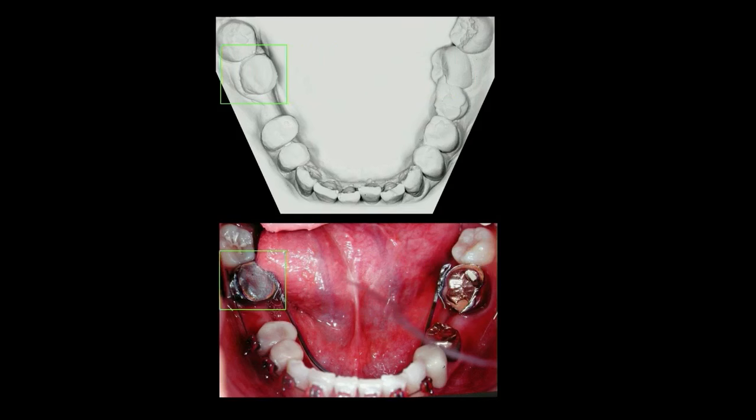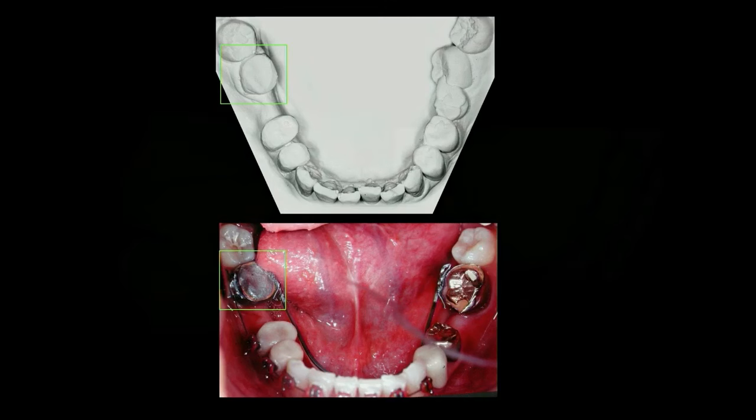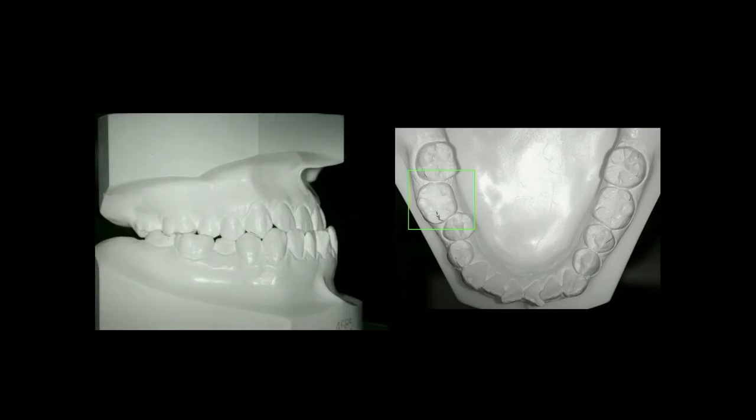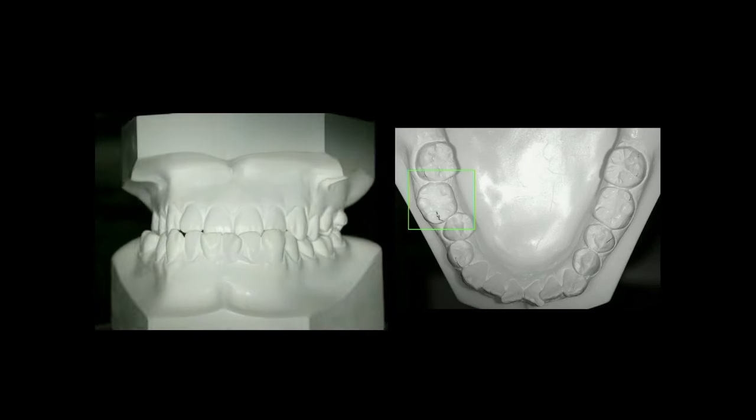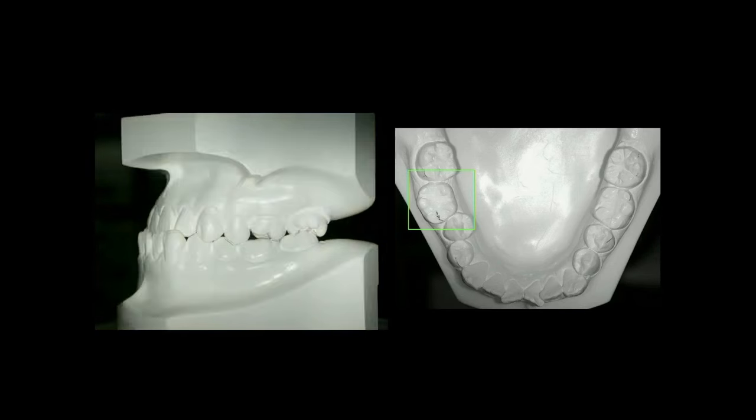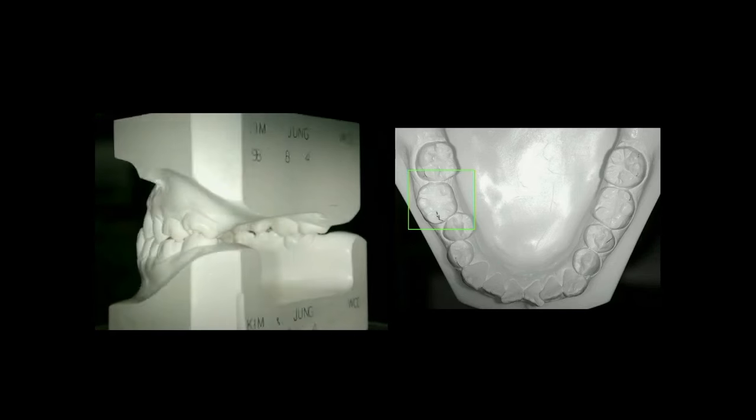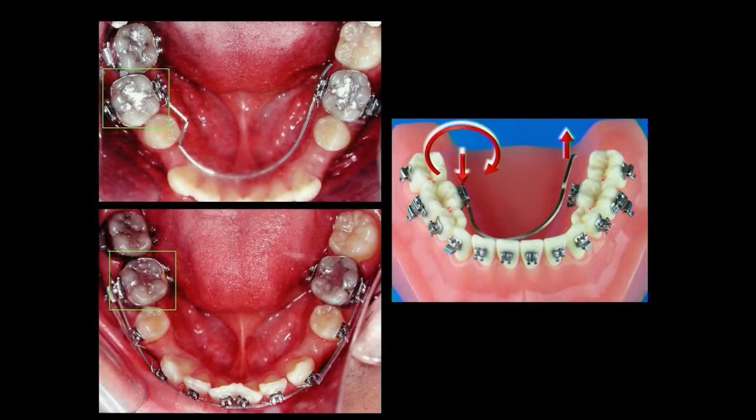Notice that no side effects were observed on the right side. This patient needs unilateral constriction on the lower right molar. Unilateral constriction was produced using a couple from active lingual arch with no apparent side effects.